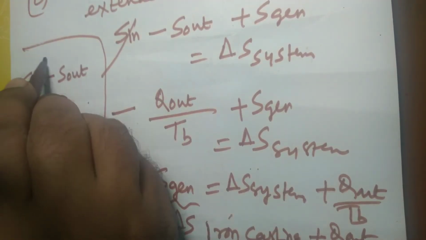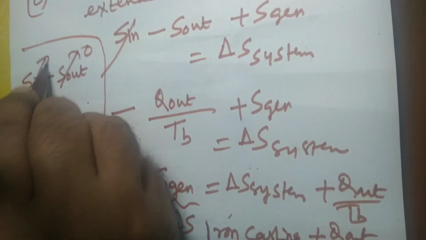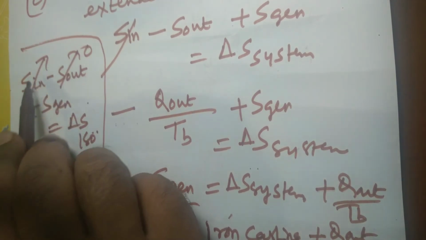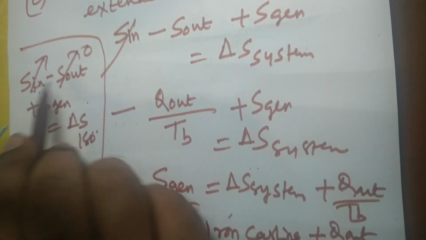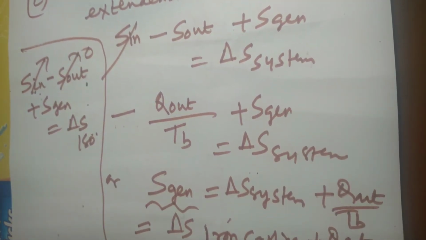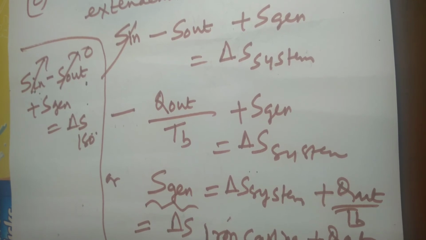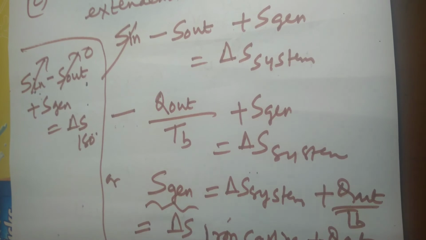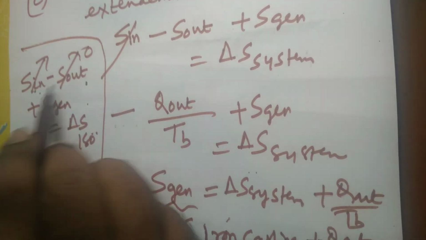In that case these two terms will be zero because this is an isolated system. So neither any entropy will come in nor go out, because isolated system means there is neither mass interaction nor energy interaction. Entropy transfer can take place only with heat and mass.